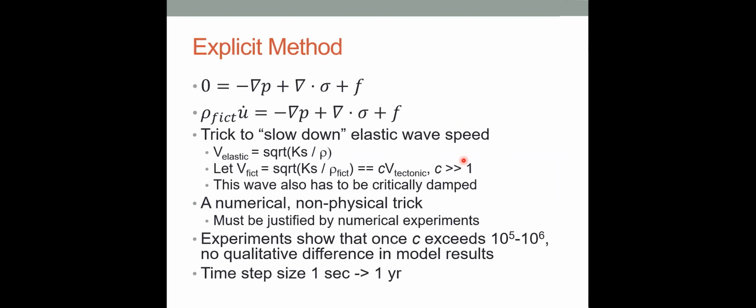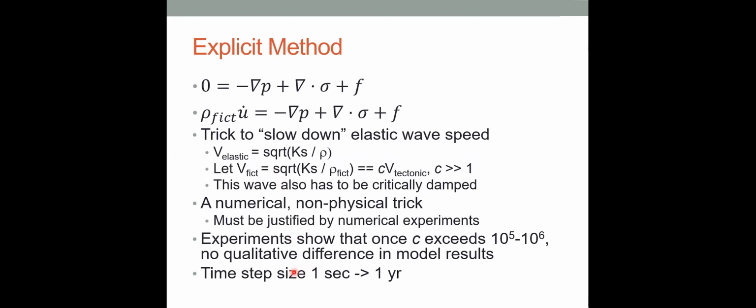So we have some methods to deal with the tiny time step. We change the density in the inertial term, make it much larger than the true density. And effectively, we slow down the elastic wave. Now our elastic wave speed is on the order of like 10 to the minus 6 meter per second.